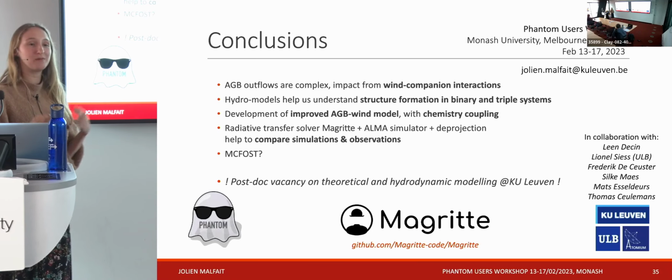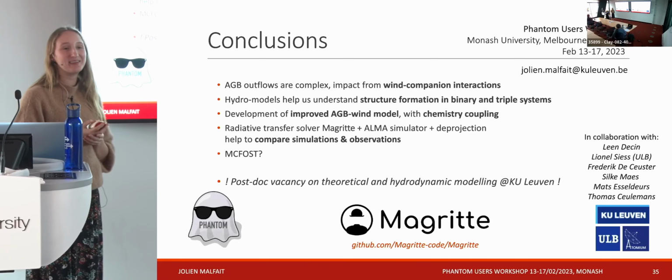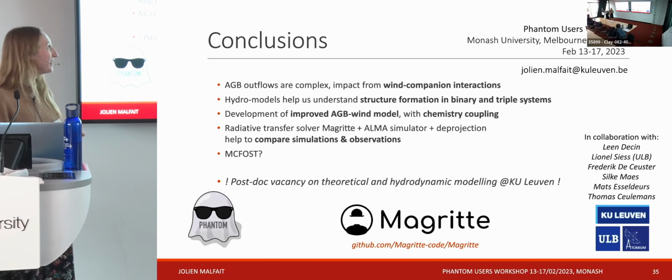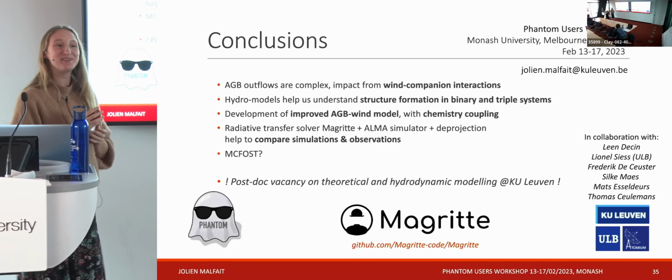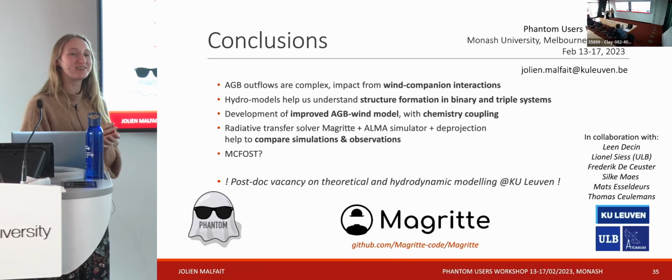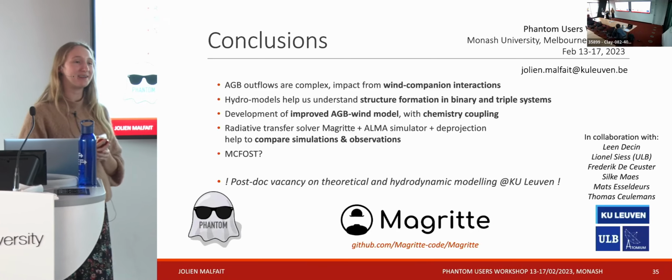But to do this, Lionel especially is still working on the development of our models to make them more physically complete. And then we can use the radiative transfer solver MAGRITTE, or maybe MC-FOST in the future. And hopefully also the deprojection tool by Frederik to reach our goal of comparing this.